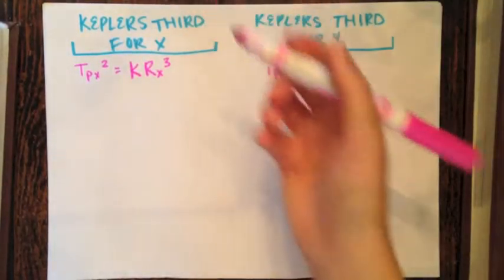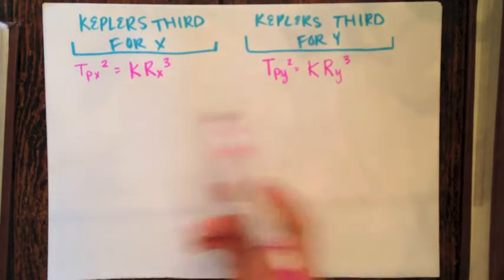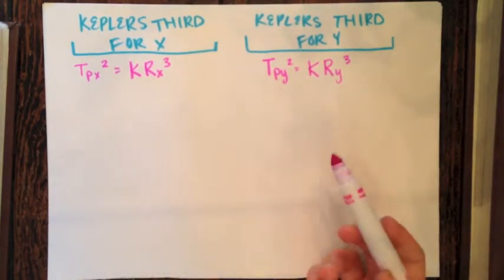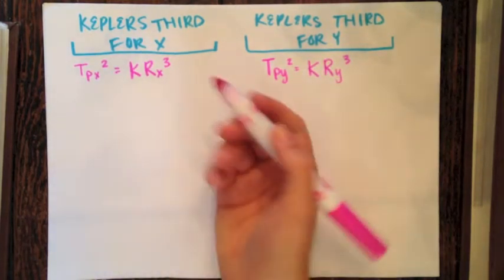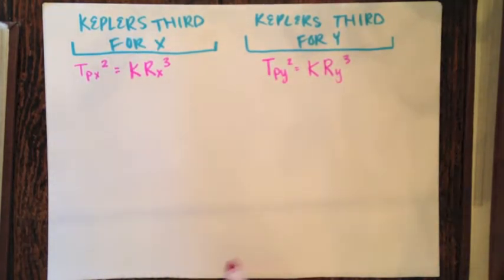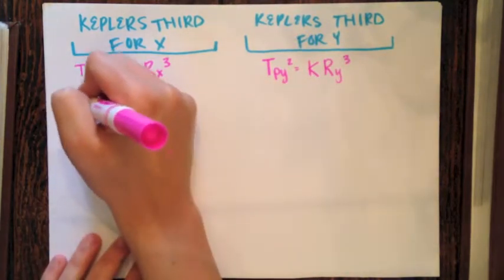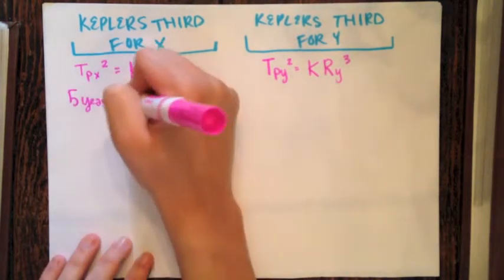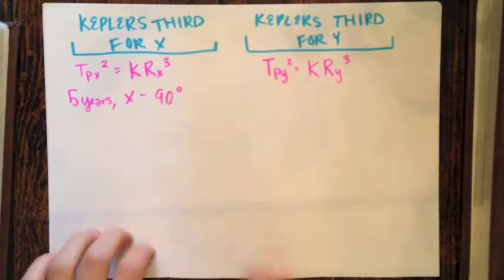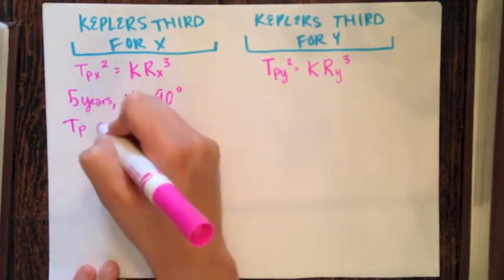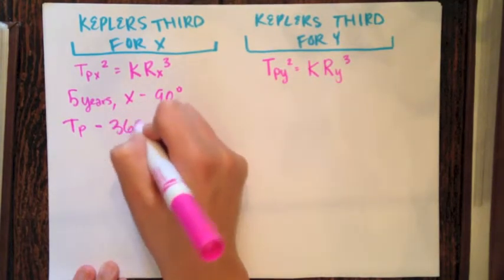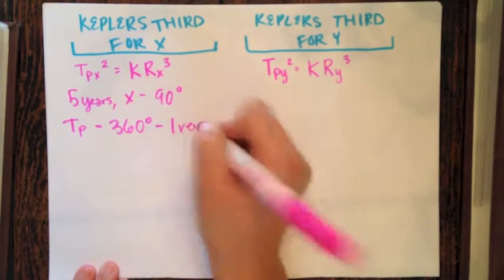And then it looks like we don't have all of these variables that we're solving for, but it turns out we actually can find the time of the period of x based on the information we're given. So in the problem, it says that in 5 years, x has gone 90 degrees. And this is really helpful for us because we know that the time of the period is how long it takes to go 360 degrees, or 1 revolution.